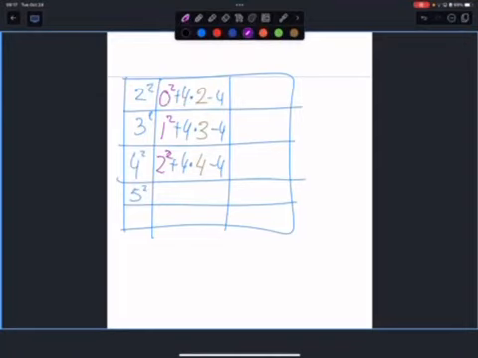So the following number is going to be 3, because I notice every time it goes up by 1. Add 1, add 1, add 1. It proceeds with adding 4, multiplied. The same number that is here is the same number that goes there.